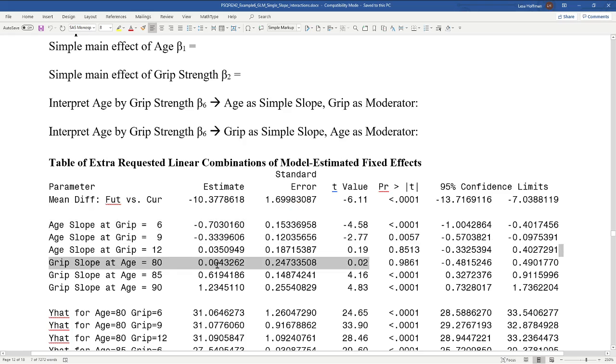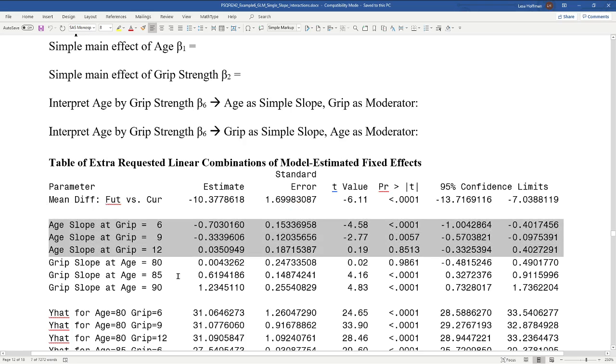So this is a snapshot then of how the age slope changes as a function of our grip strength moderator. Somewhere between 9 pounds and 12 pounds, age stops mattering significantly. The negative slope becomes non-significantly negative. So we could use regions of significance to figure out exactly where that happens, somewhere between 9 and 12.